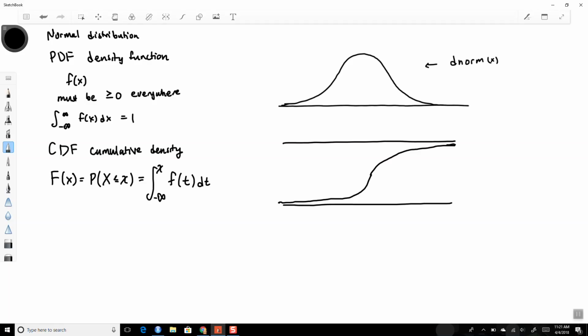My picture is not very good, but I think you know what I'm trying to draw. It goes down towards negative infinity, it approaches 0, and as it goes to positive infinity, it approaches the value 1.